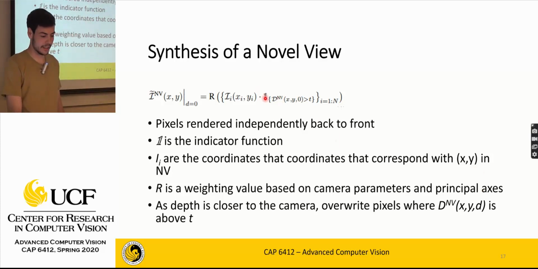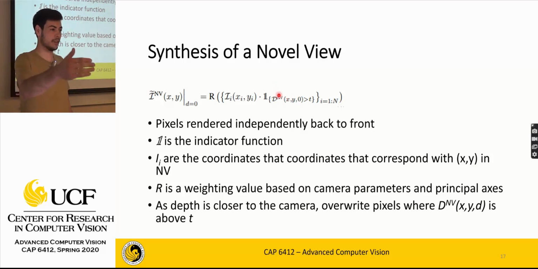indicates. It's an indicator function that takes the disparity map of the novel view and looks at that specific depth. And if there's an object there, we look at, is that object in the background compared to the new object that's in that place, or is it in the foreground? If the object's in the foreground, then we don't care and we just set it to 0.